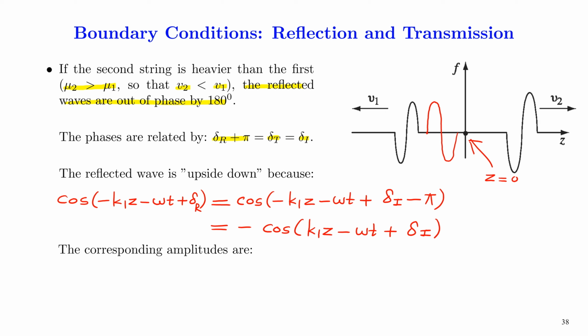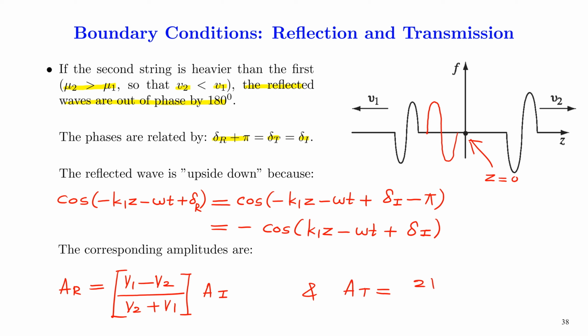The corresponding amplitudes are AR equal to (v1 minus v2) divided by (v2 plus v1) multiplied by AI, and AT equal to 2 times v2 divided by (v2 plus v1) times AI.